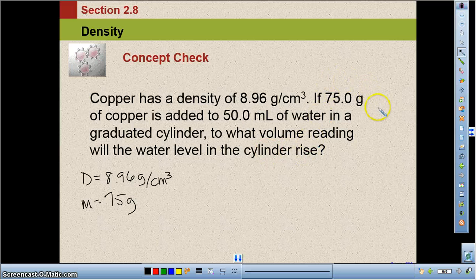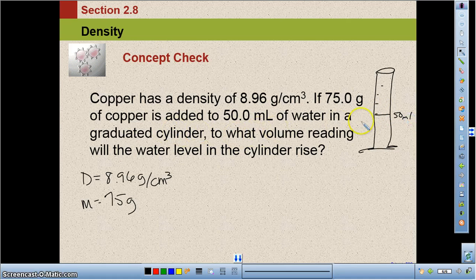Remember the example earlier with the girl in the water cube where we displaced water to find out what her volume would be. We're going to do the same thing here with the copper. So we have a graduated cylinder this time instead of that big tank like she was in, and it's got markings on it. And what it's saying is I already have water up to the 50 milliliter mark.